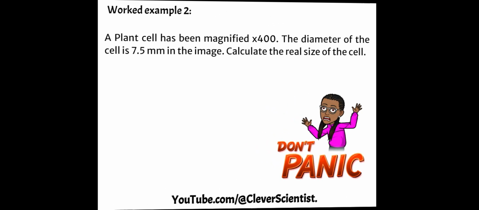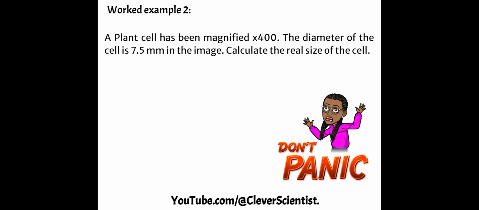Let's have a look at another worked example. A plant cell has been magnified 400 times. The diameter of the cell is 7.5 millimetres in the image. Calculate the real size of the cell.